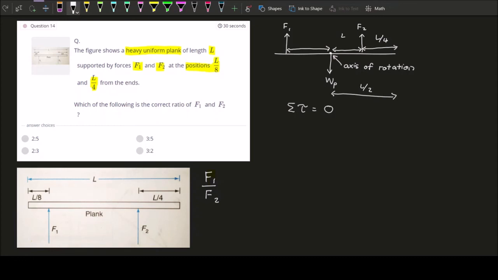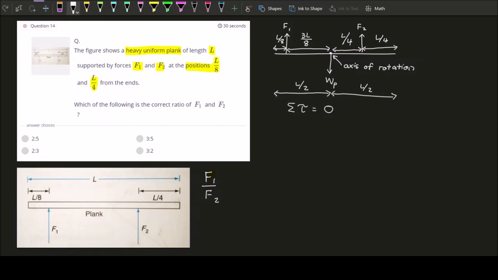From there, you know this will be L over 4. Then you know this is L over 8. And because this is also L over 2, if you take L over 2 minus L over 8, you arrive at 3L over 8. Okay, so these are the important distances for the free body diagram.